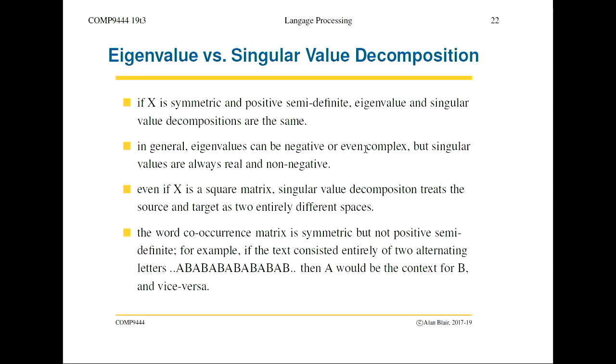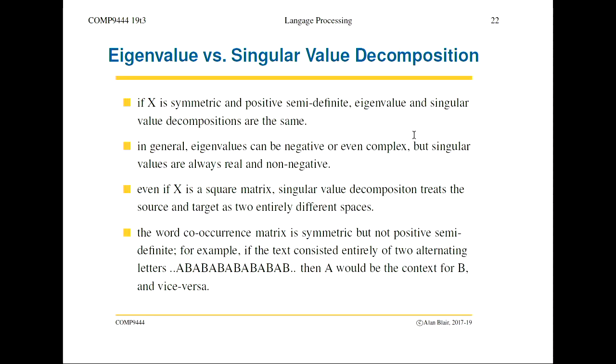Okay, so just the technicalities of this eigenvalue versus singular value. If X is symmetric and positive semi-definite, then the eigenvalue and singular value decompositions will be the same. In general, the eigenvalues can be negative or complex, but the singular values are always real and non-negative.